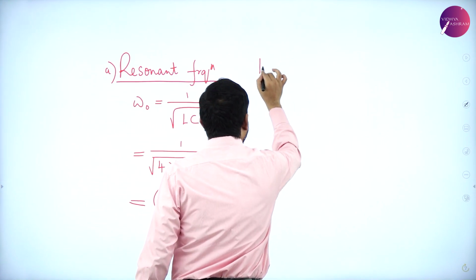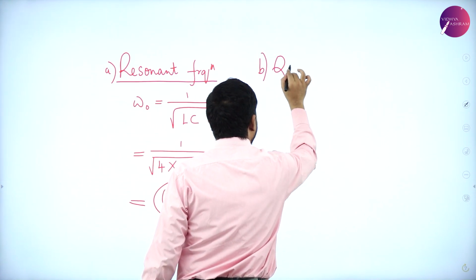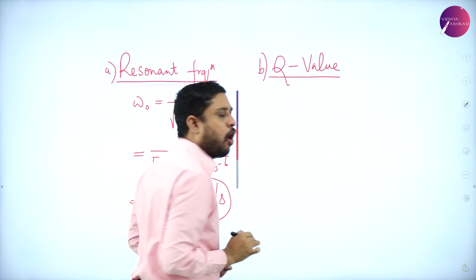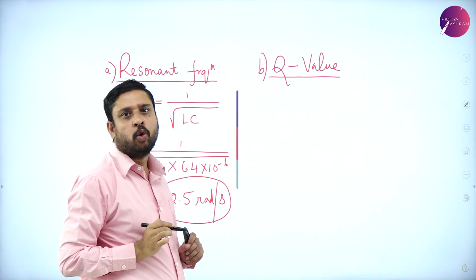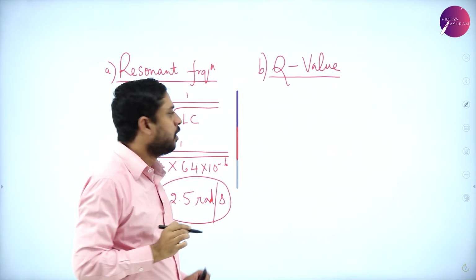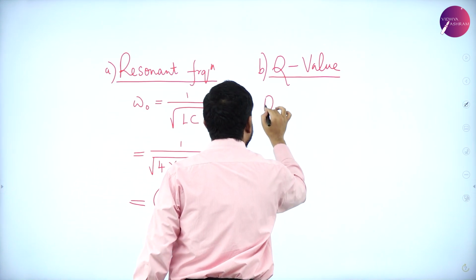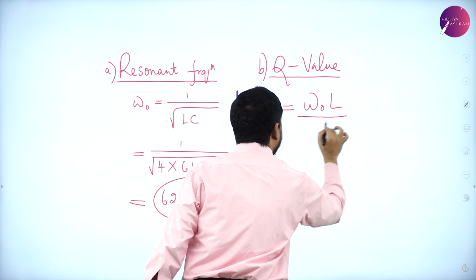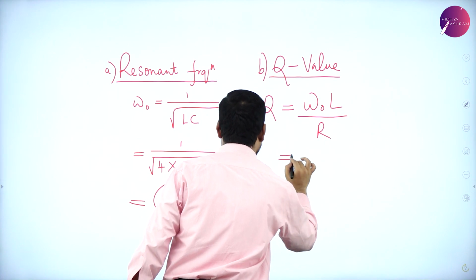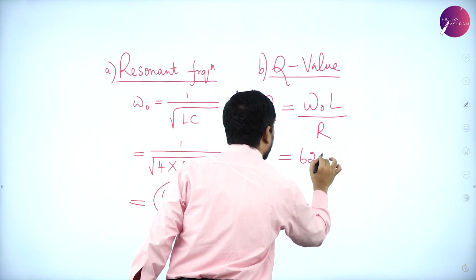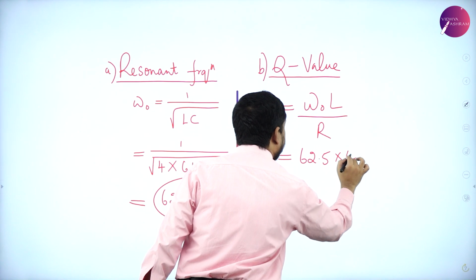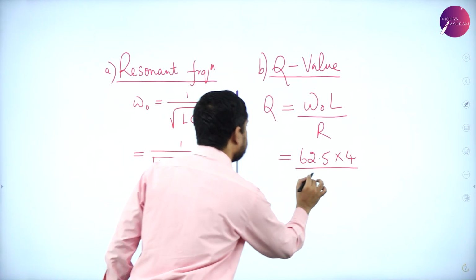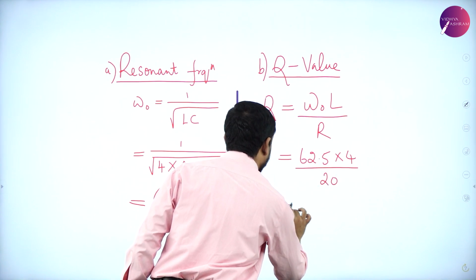Now with this, I will find the quality factor or the Q value of the circuit. So the Q value is equal to omega naught L divided by R. So this is 62.5 into 4 divided by resistance, which is 20.